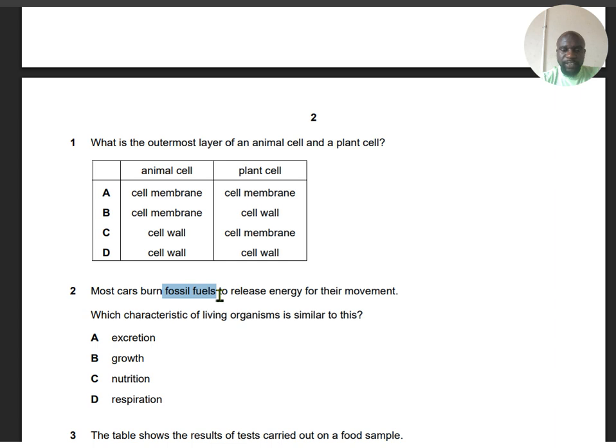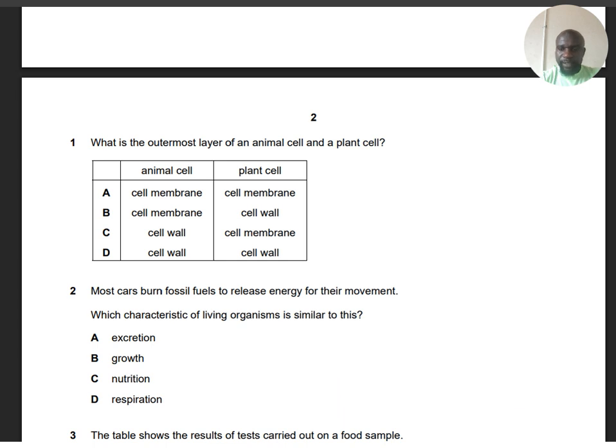So this process, the burning of fuel, is the same as respiring in animals. So the correct answer is D. Then the other options: excretion, no; growth, no; nutrition, no. So respiration is the same as burning fuel because burning fuel requires oxygen to take place, as well as respiration in animals, it requires oxygen for it to take place.